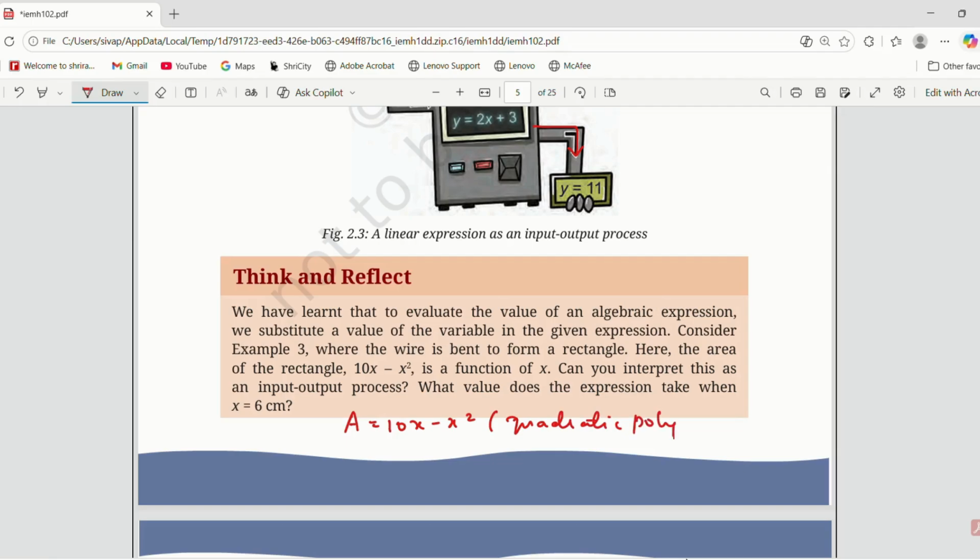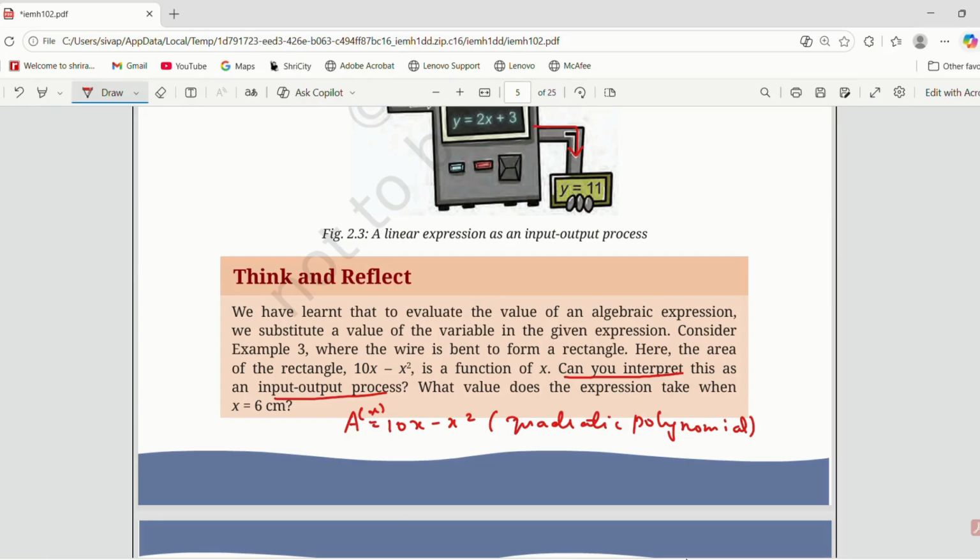Okay, so what we need to do here is, can you interpret this as an input output process? Yes, we can interpret this by considering the area as a function of x: A of x is equal to 10x minus x square. So for each value of x, you will get a different output. Suppose I substitute x equal to 1: 10 ones are 10, minus 1 square is 1, so the area value is 9.